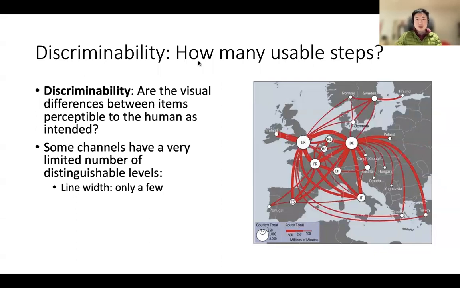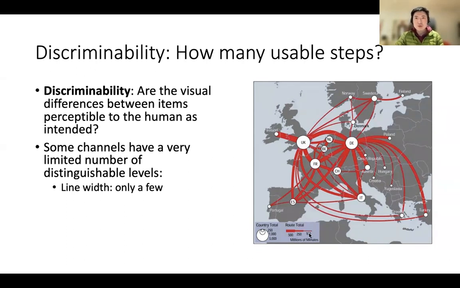In this particular visualization, they only used 3. For anything bigger than 500, it's one width. Between 500 and 250, the medium width, and finally anything below 250 will be the lowest one.